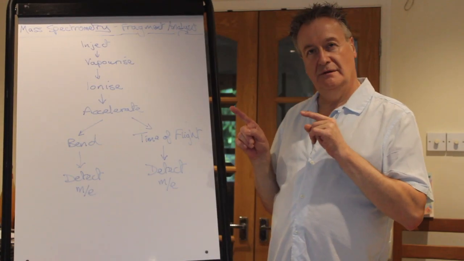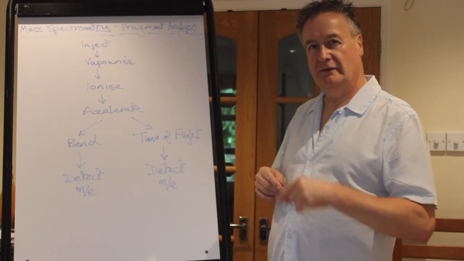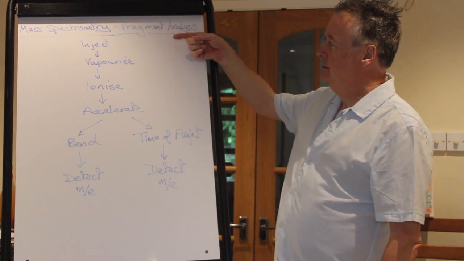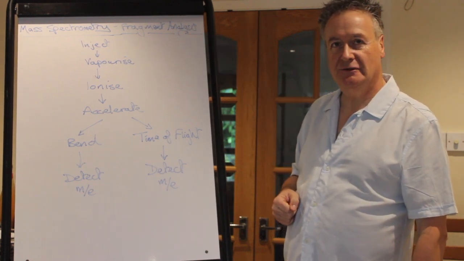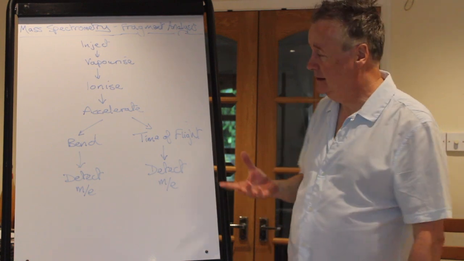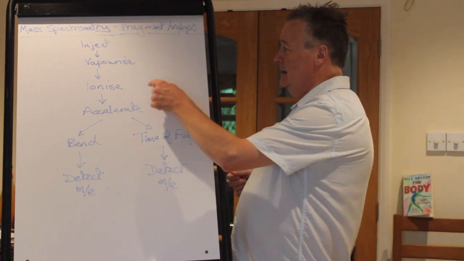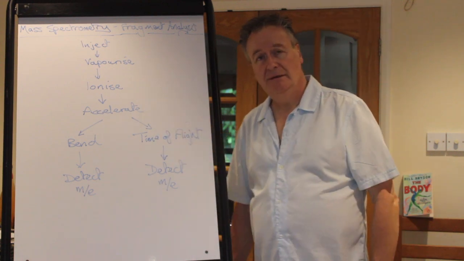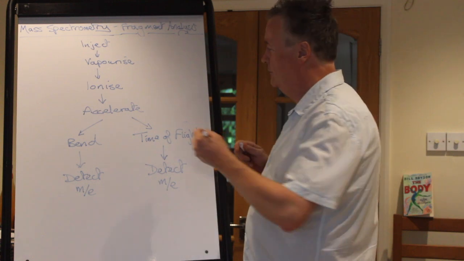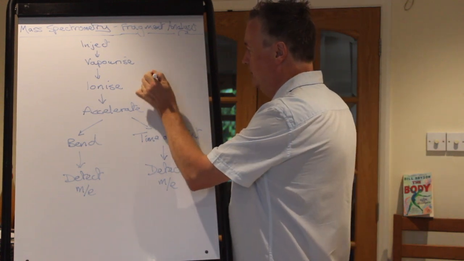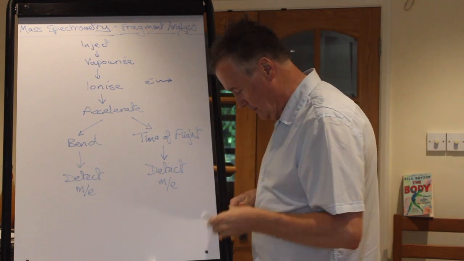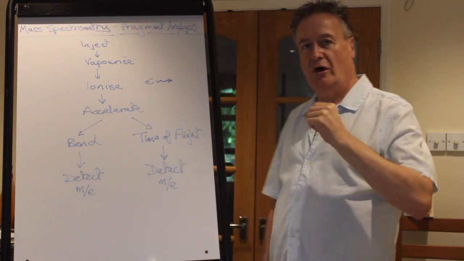So, just a little schematic of what goes on very simply in a mass spectrometer. You inject your substance in it. It needs to be vaporised because everything works in the gaseous state. And then you bombard it with fast moving electrons, so it gets a wallop from a fast moving electron. That ionises it.